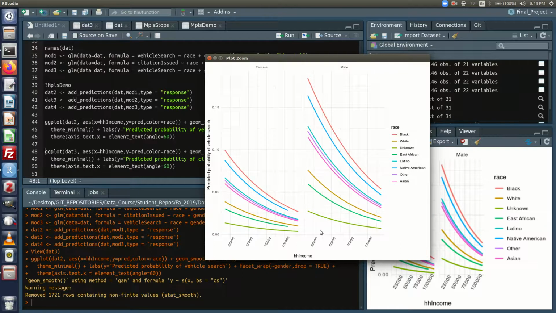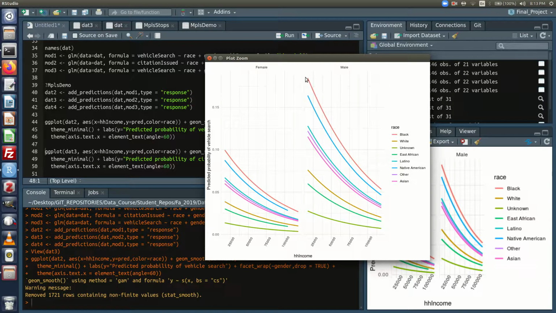So, as household income increases in a given neighborhood, the probability of a vehicle being searched that was stopped in that neighborhood goes down. Pretty nice consistent trend there all the way across. So, don't drive in poor neighborhoods or you're going to have your vehicle searched, I guess. Now, I split this up on race.